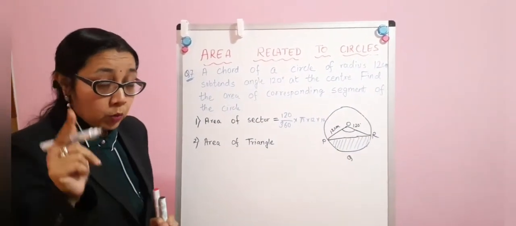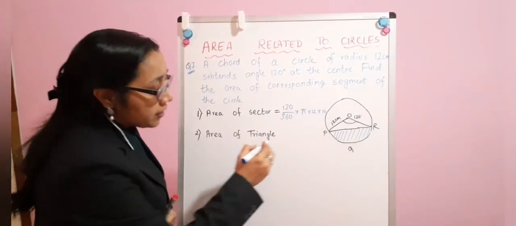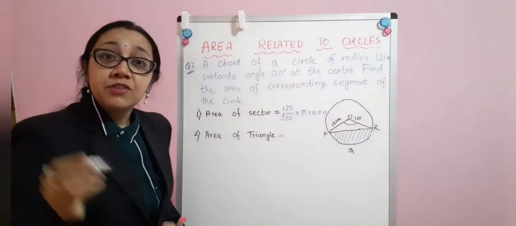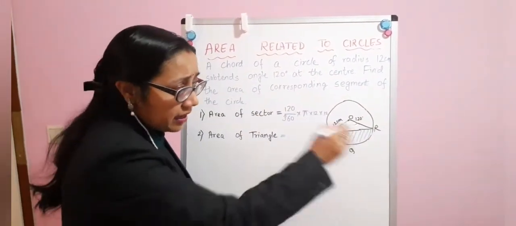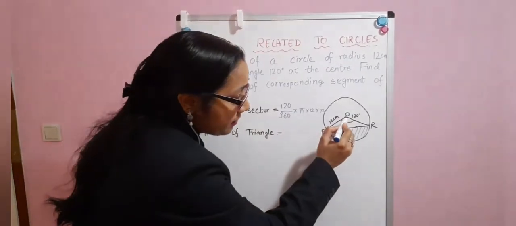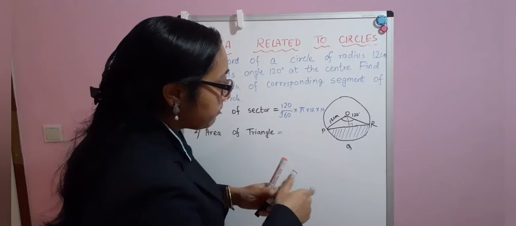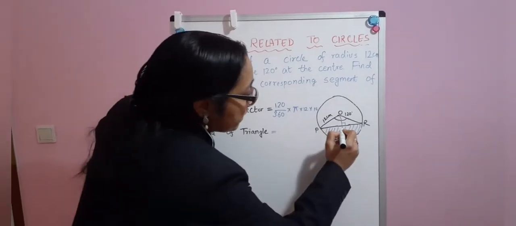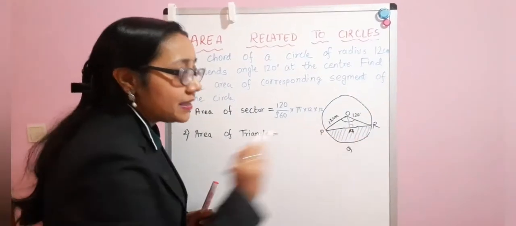Everything is there. Now why am I telling you this is a critical question? In order to find the area of the triangle, we need the base, PR, and we need the height. Let me name this point as, for example, A. So the height is OA and the base is PR.